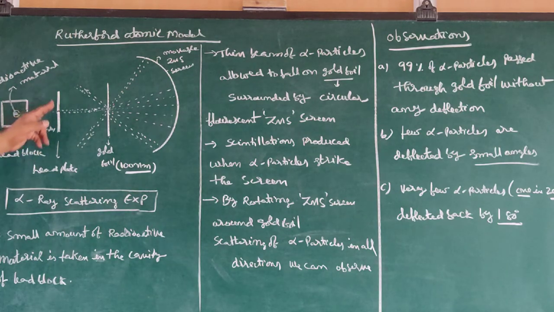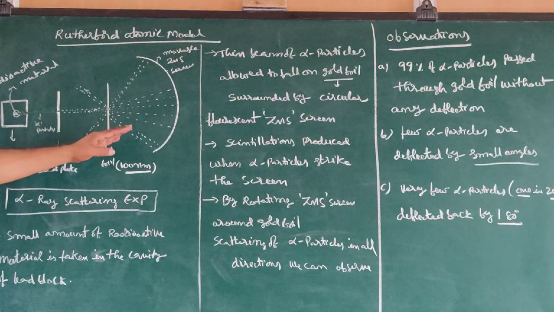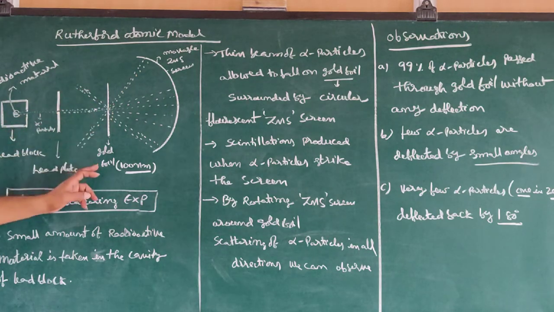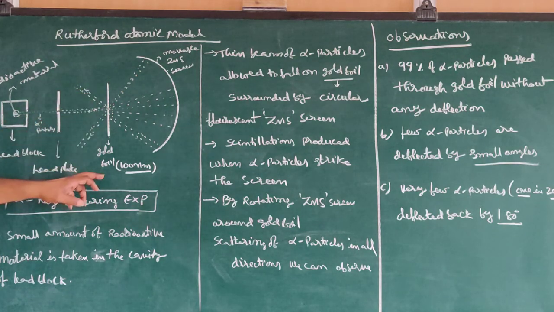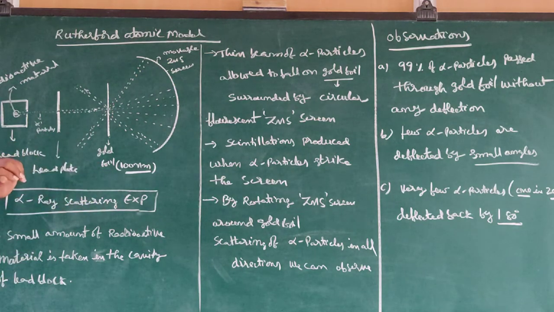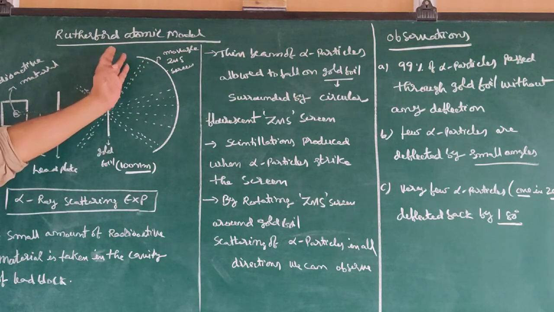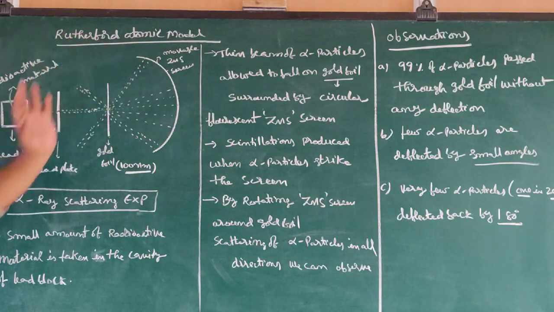This is a lead plate having a small opening. Through this opening only alpha particles are allowed to pass to this side. This is a thin gold foil having thickness 100 nanometers. This is a movable zinc sulfide screen. You can rotate it in any direction.